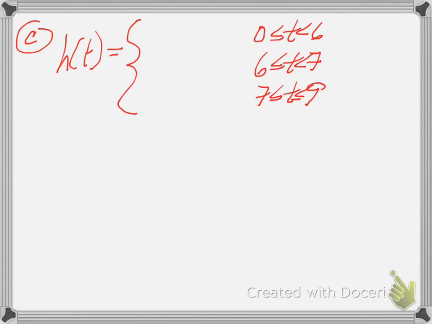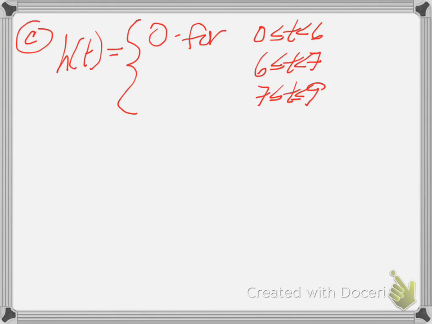We have to represent the total amount of snow that Janet has removed at any time t up until 9. First of all, she has removed 0 amount of snow for 0 through 6, because the story says she doesn't start shoveling until 6.